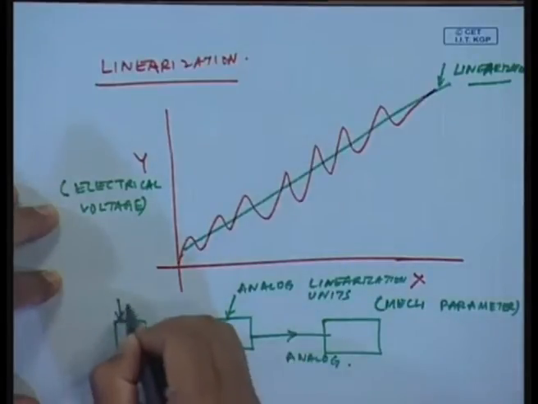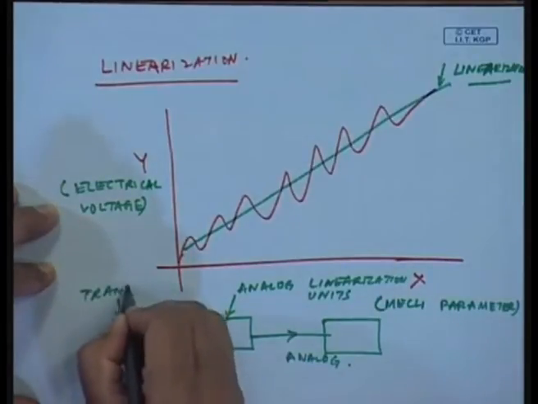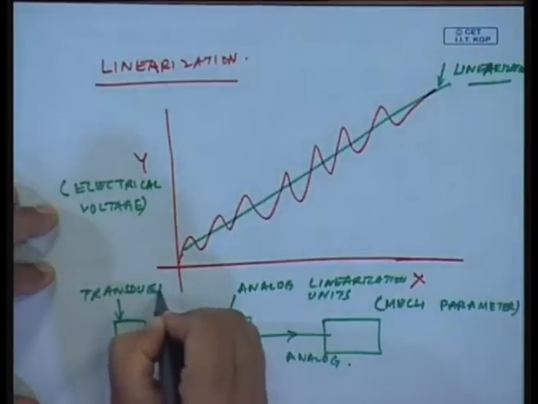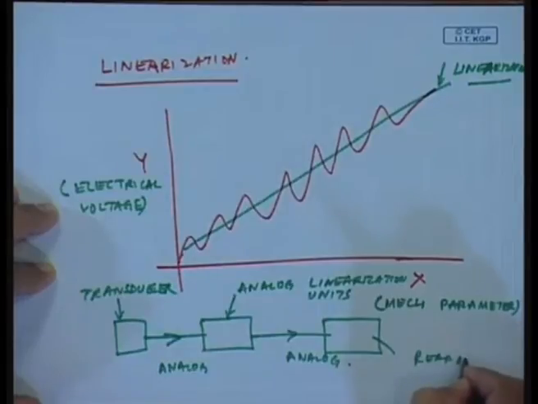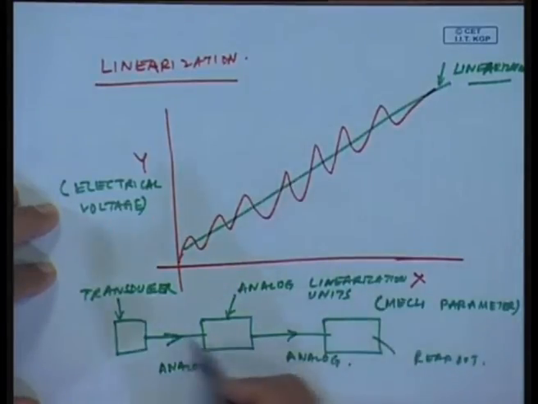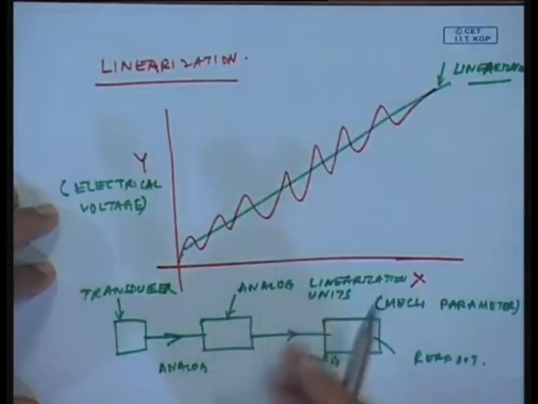These are my transducers and this is the readout unit. Okay. So, because the signals are analog, we have to have certain sets of electronics to do the linearization.